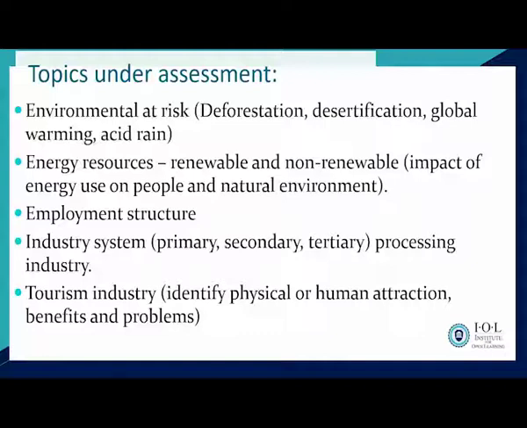Then we come to the industry system. Our industry system is divided into primary, secondary, and tertiary. It's called a system simply because it follows a planned, organized system that has input, output, and process.